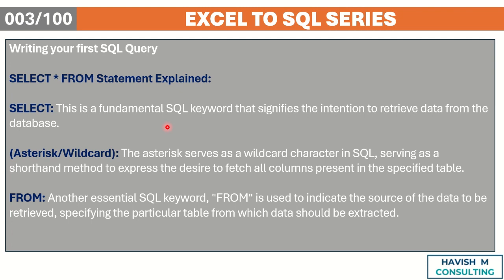It is a symbol that you use in Excel, use in SQL. My bad, I'm so used to working with Excel. Many times, rather than saying SQL, I blurt out Excel. So the asterisk serves as a wildcard character. It essentially is a shorthand method to express that you want to fetch all the columns from the specified table. That's it for this video.